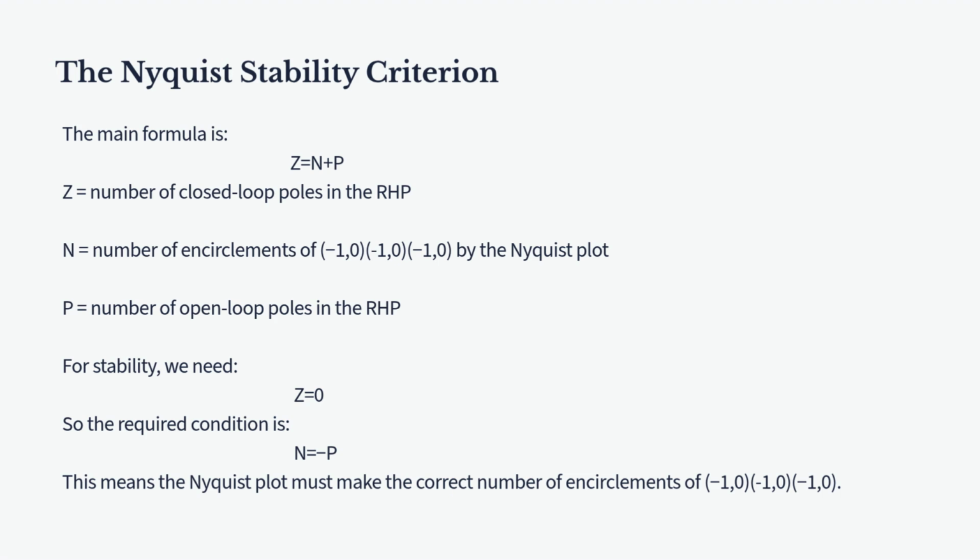P means the number of open loop poles in the right half plane. For the closed loop system to be stable, Z must be 0. That means there should be no closed loop poles in the right half plane. So the final idea is simple. First find P, second find N, third calculate Z. If Z is 0, the system is stable. If Z is not 0, the system is unstable.